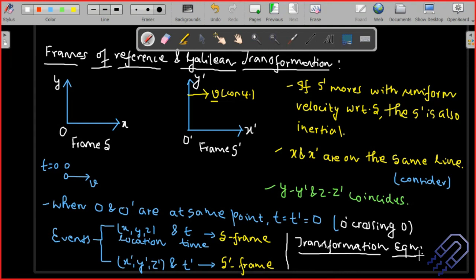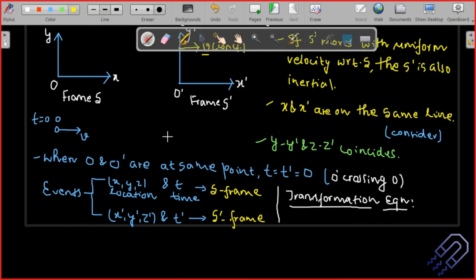What kind of information does it hold? It is nothing but the relation between S and S prime. If we are able to find a relation between the S frame and the S prime frame in terms of x, y, z, t and x dash, y dash, z dash, t dash, that is called the transformation equation.